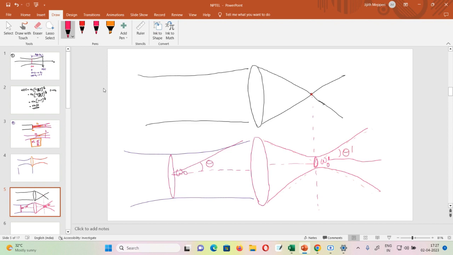Now you can see what is the difference here. You can see how tight your focusing is. The more your omega naught decreases, the more your beam divergence increases. Here your omega naught is somewhat bigger, so correspondingly the beam divergence is somewhat smaller.